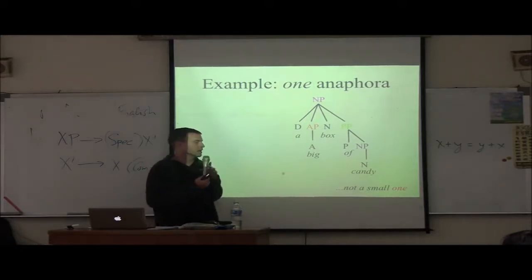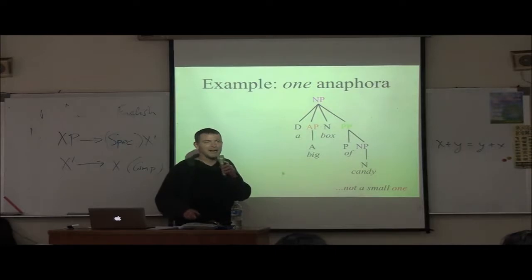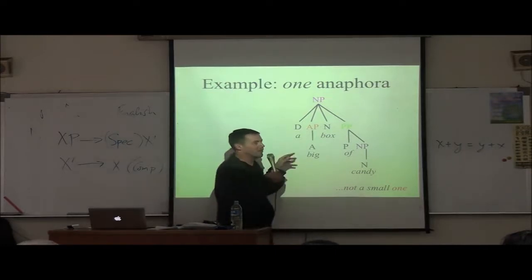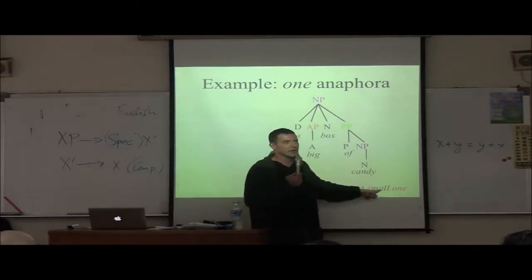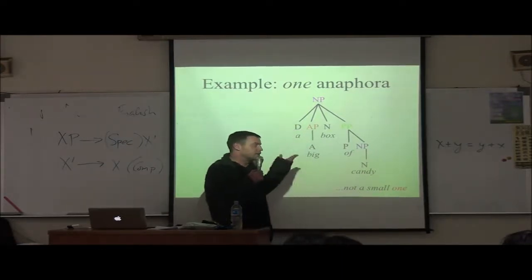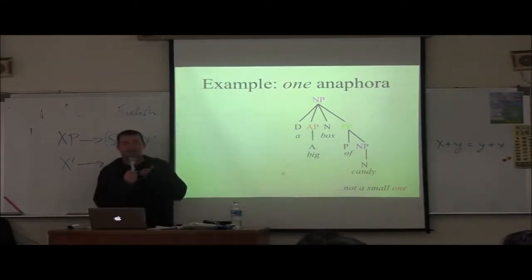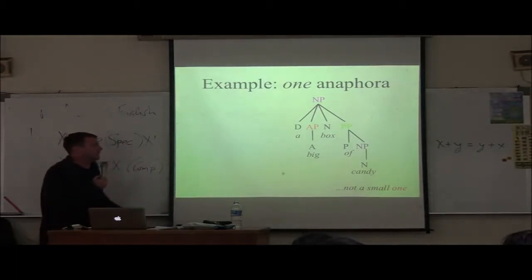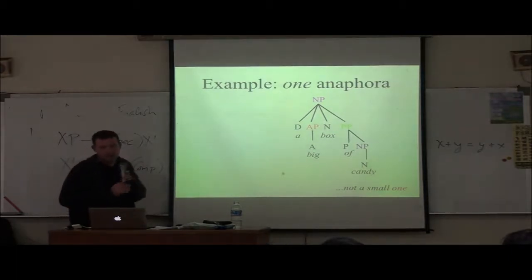Box of candy. So, if I didn't want to use anaphoric expressions, I would say I want a big box of candy, not a small box of candy, right? I think that's what it means. That's what I mean when I say it. I want a big box of candy, not a small one.